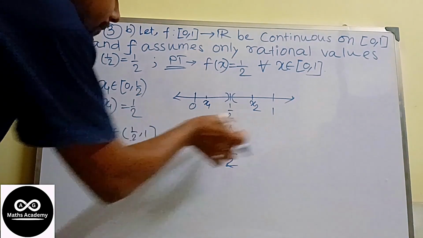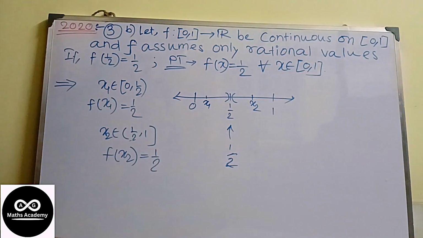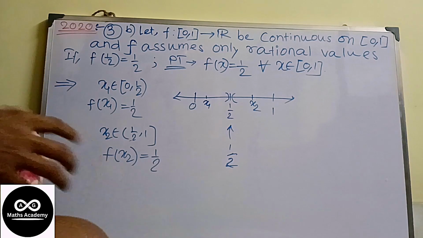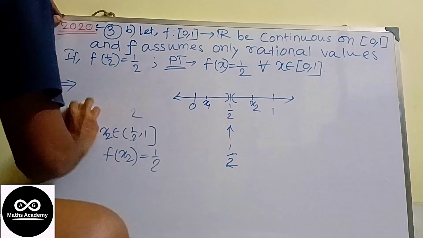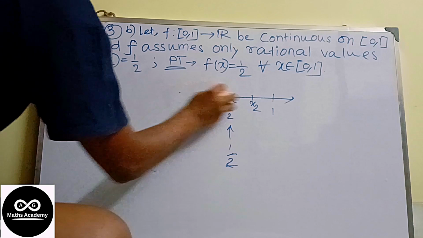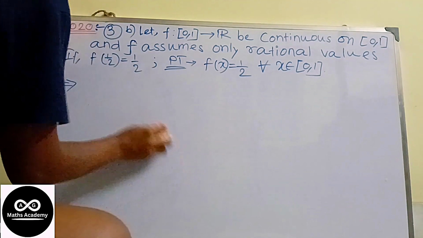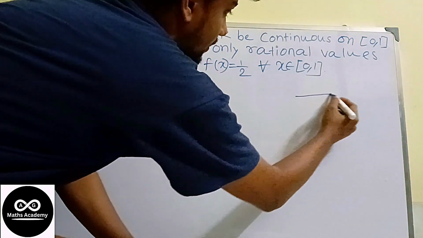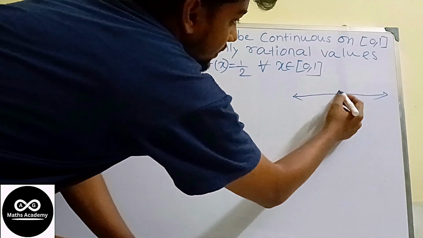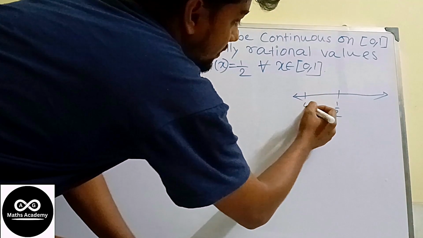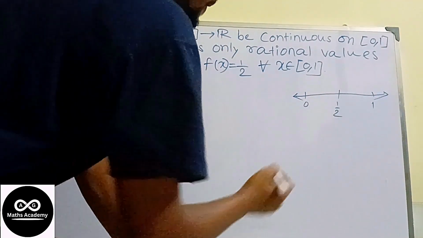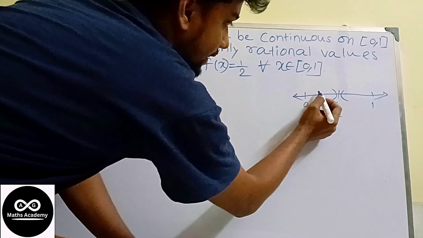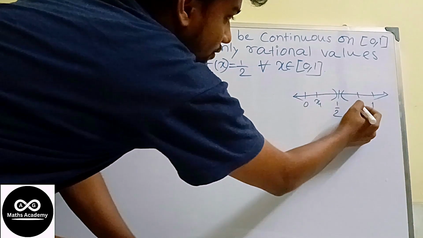So the whole thing becomes half. This is how we're going to approach this question. So let me draw it here actually. This is half, 0, 1. We're taking x1 from here, and x2 from here.